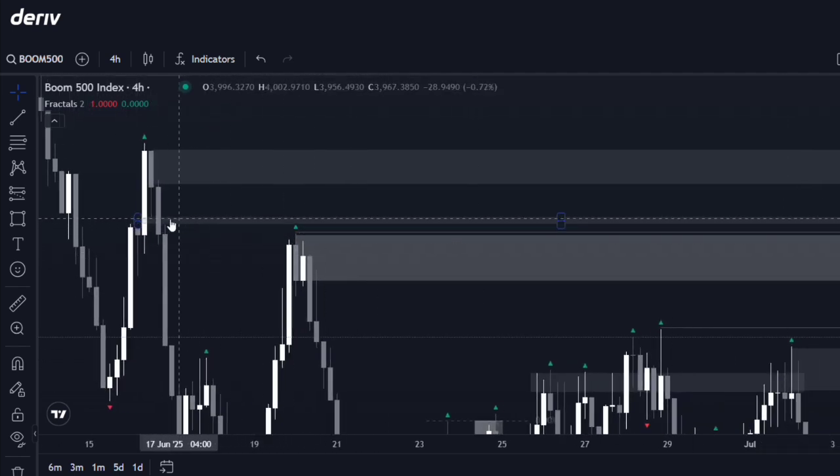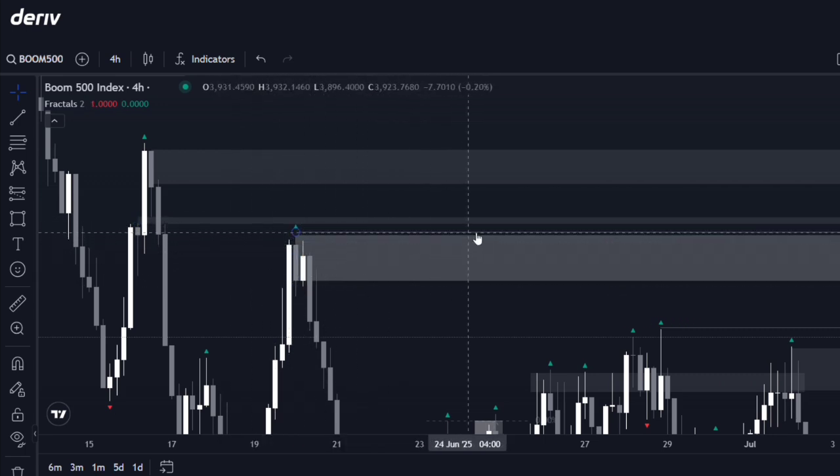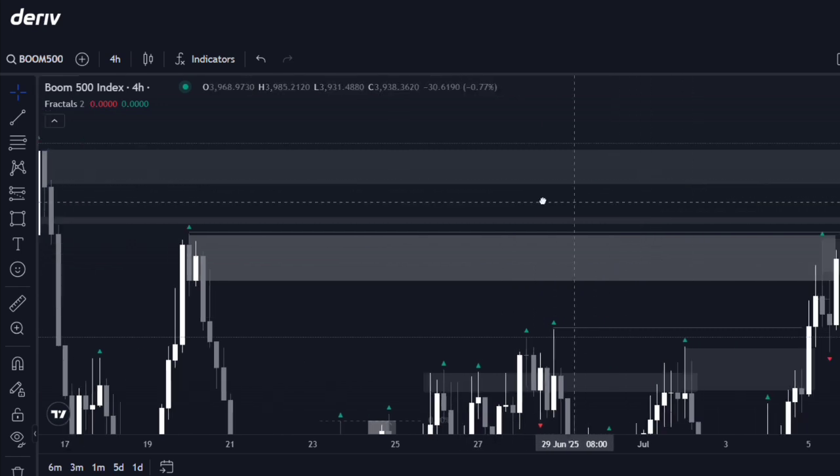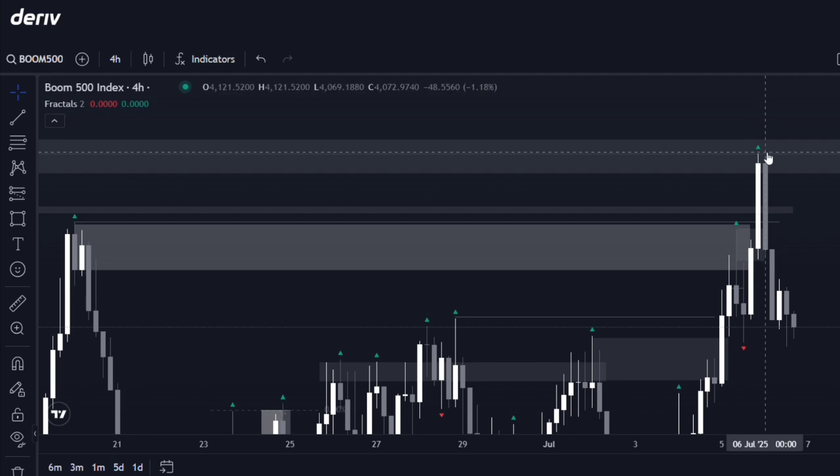Just below it was an inverse fair value gap, which was above this area of interest. So there was a likelihood that this area of interest wouldn't hold, because of this series of PD arrays. When this candlestick took out this, it filled this fair value gap and went into the order block and started retracing.